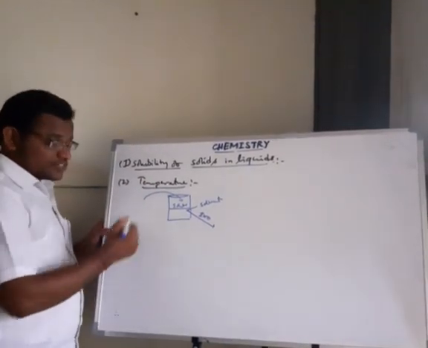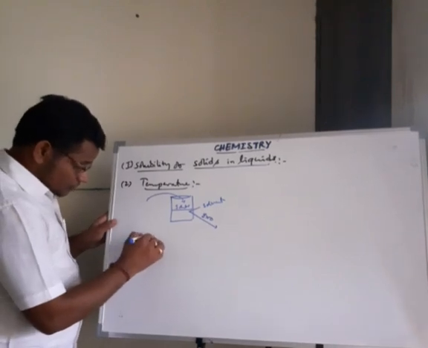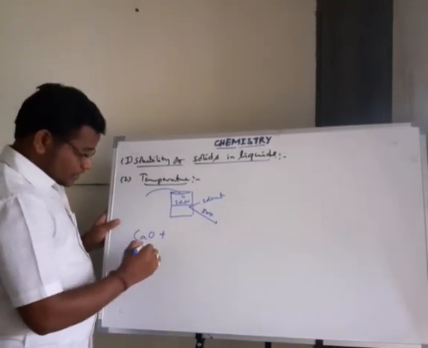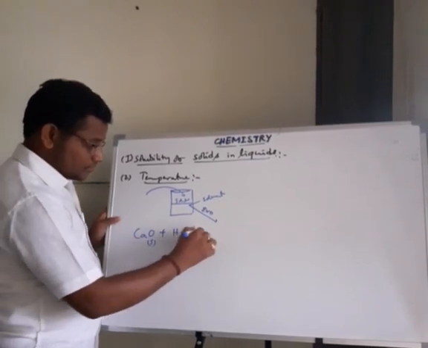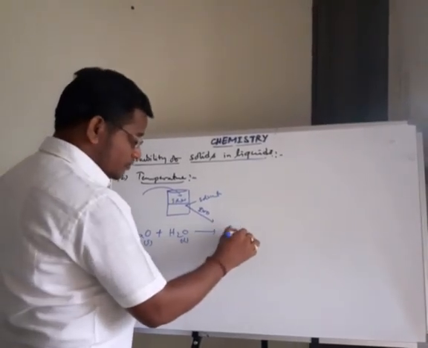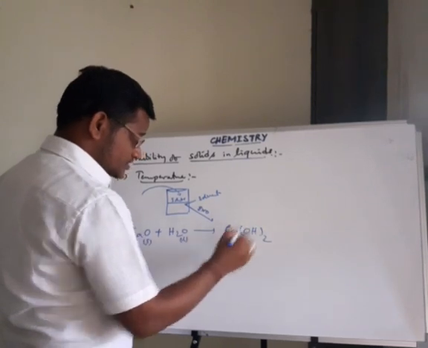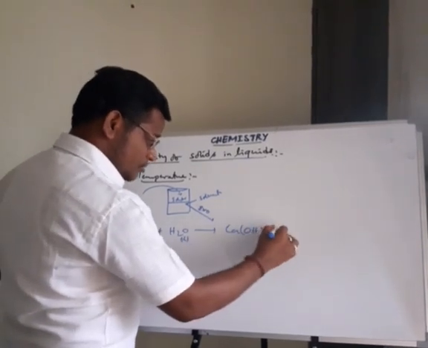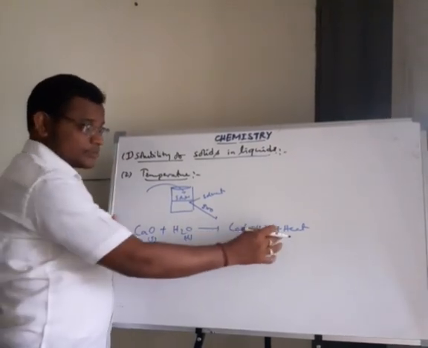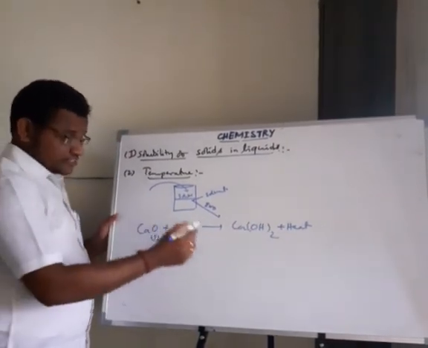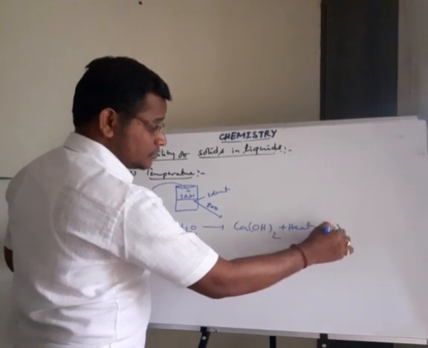Then what about the exothermic process? Example, take CaO, calcium oxide, and add it to water. Then what happens? Ca(OH)2 is formed, calcium hydroxide, and also some amount of heat is released along with the product. That's why it is exothermic process.